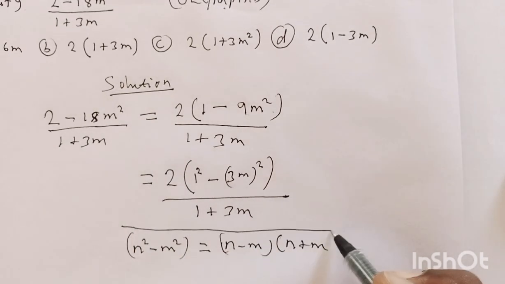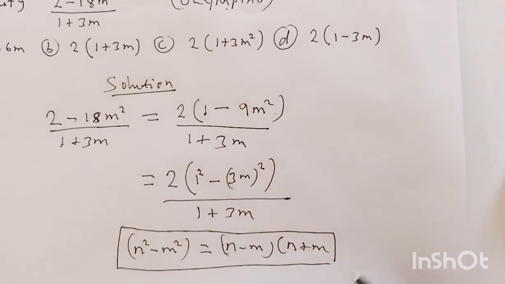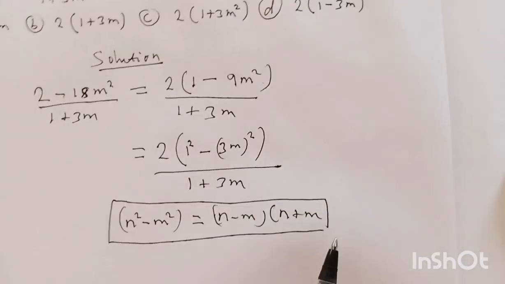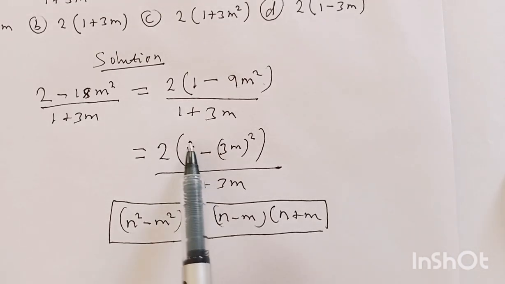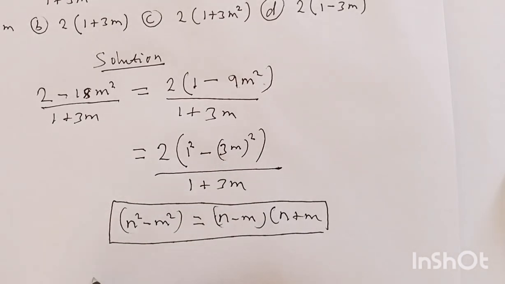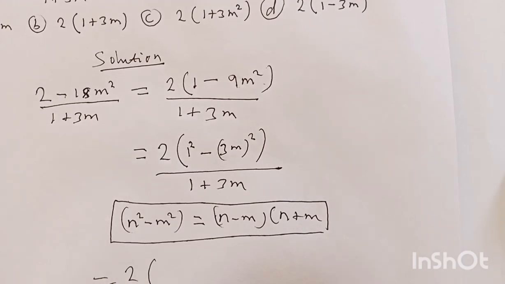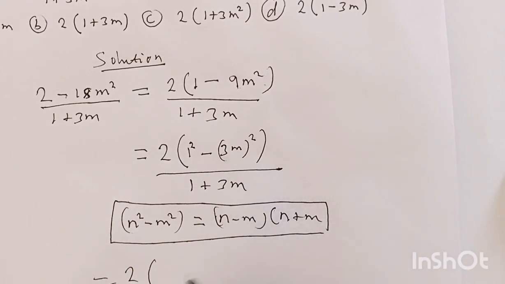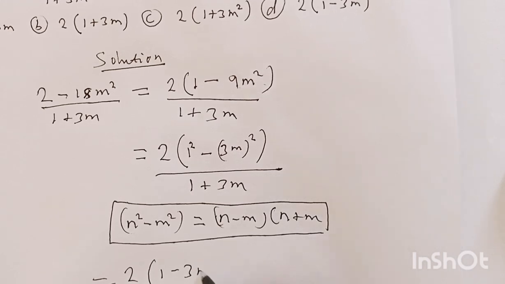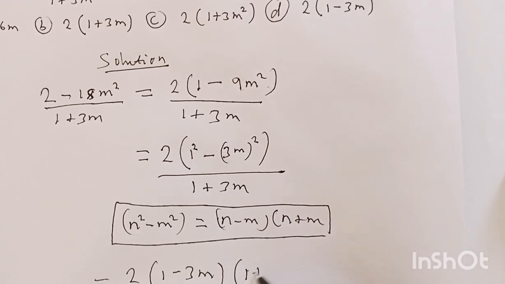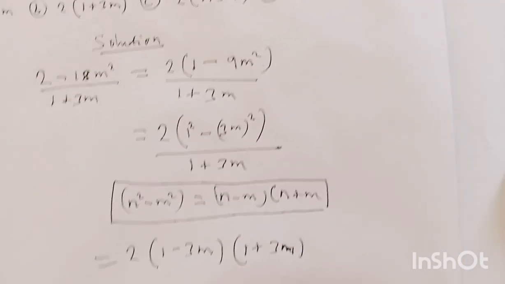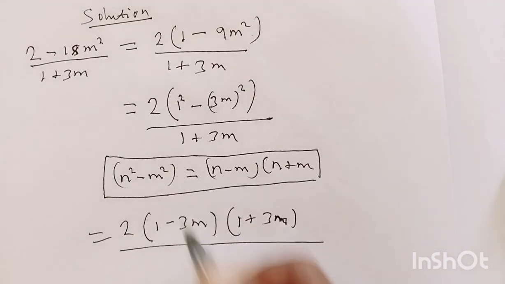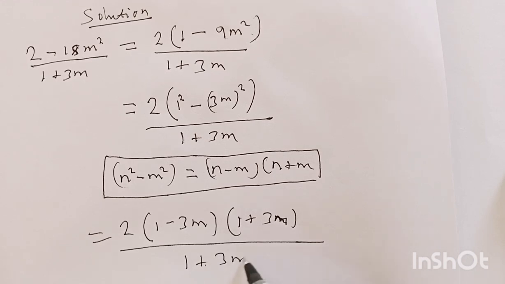So this idea is going to be applied here, because this is something square minus something square. So open bracket. This difference of 2 squares is the same thing as 1 minus 3m and 1 plus 3m. Then you close your bracket, everything over 1 plus 3m.